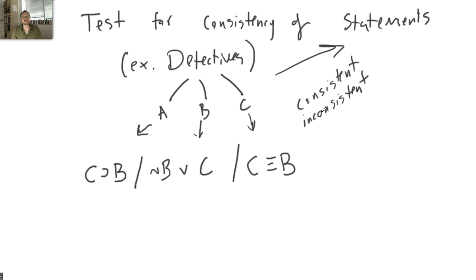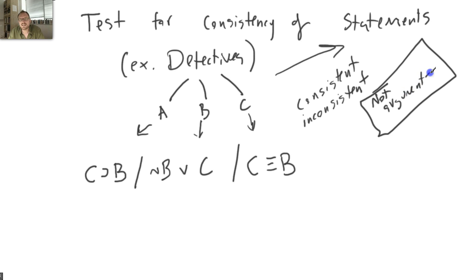So what we're going to see here is that you can notice there's no conclusion. These problems have no conclusion, so these are not arguments. We're just trying to test whether or not the statements can be consistent.